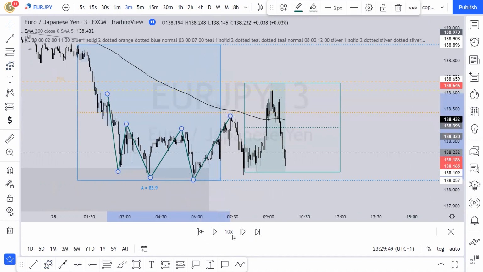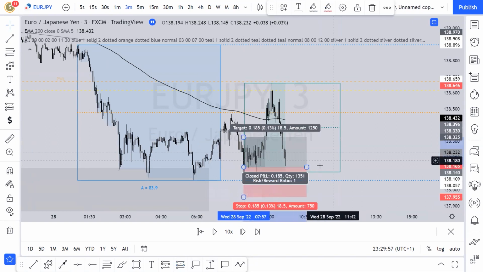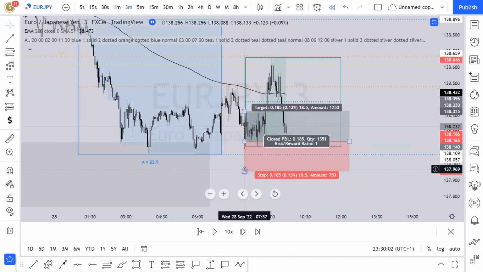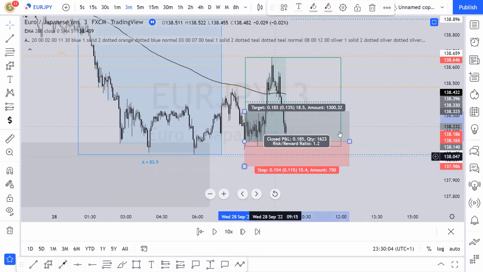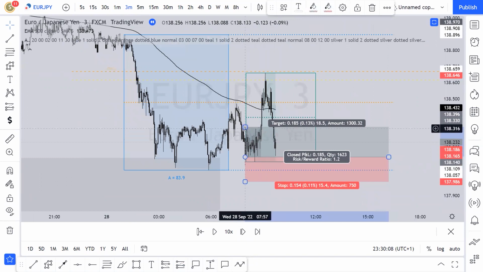So we entered price around here. In as much as I said that the Asian low is liquidity, at the same time I said structure is actually king. So we entered price around here, and I was ready to string it.